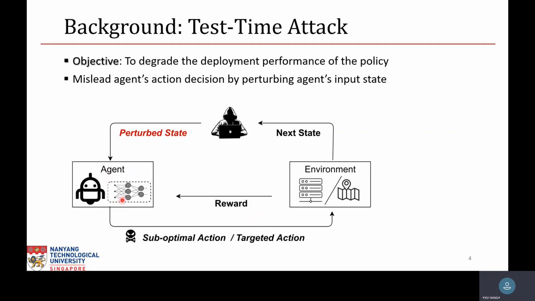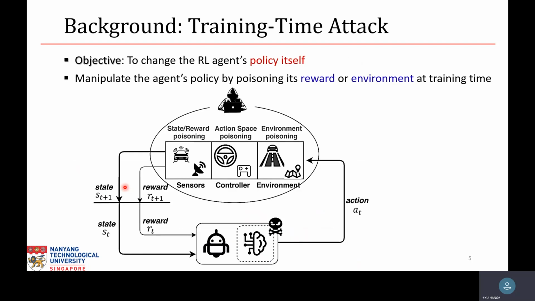When it uses its policy, the attacker wants to degrade the deployment performance of the policy by providing a perturbed state to the agent in order to mislead the agent to choose a suboptimal action or a target action. In this way, the agent's performance is degraded, but the agent's policy itself has not been changed.